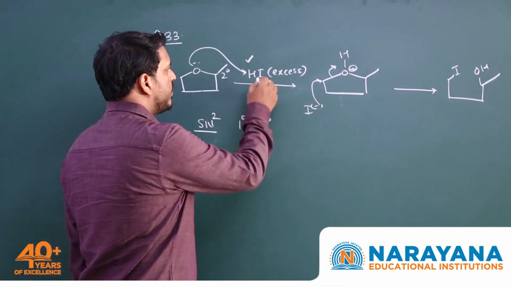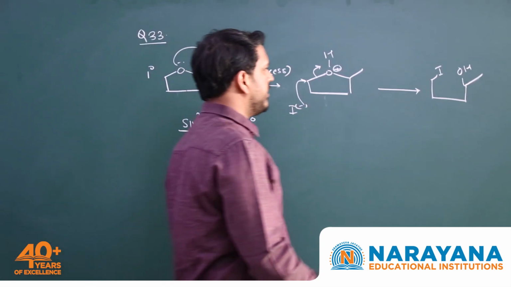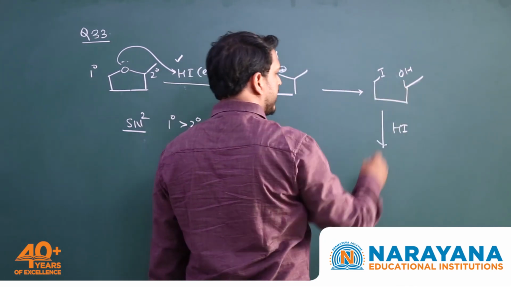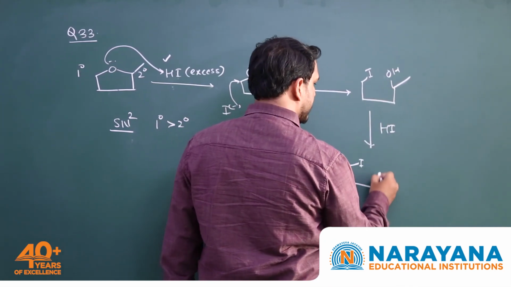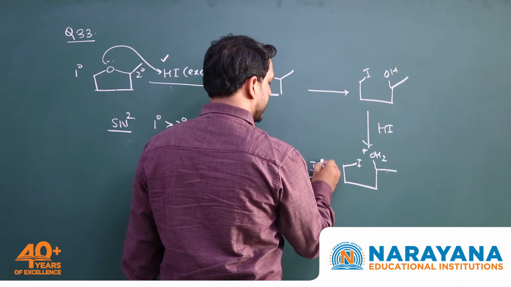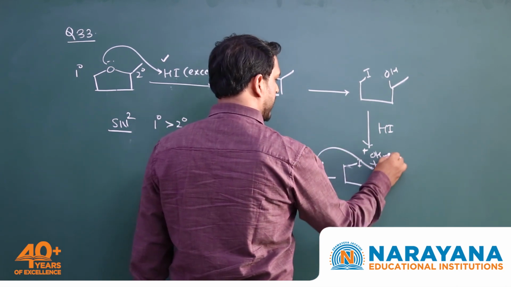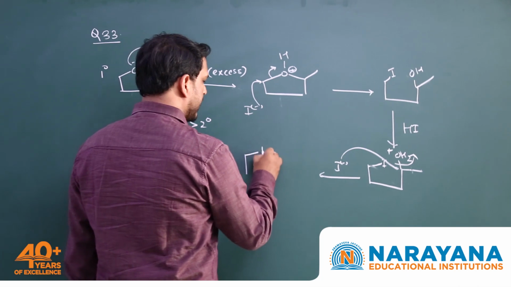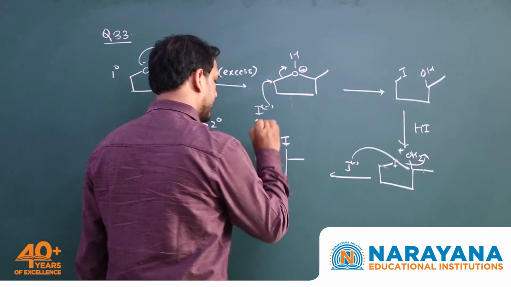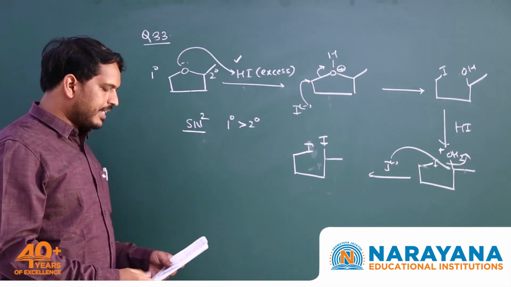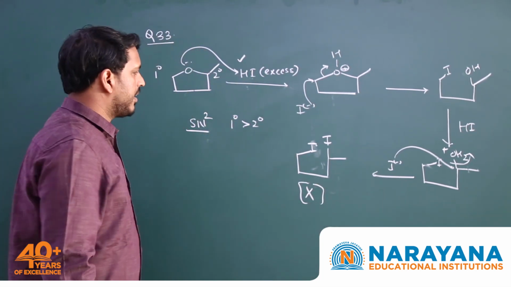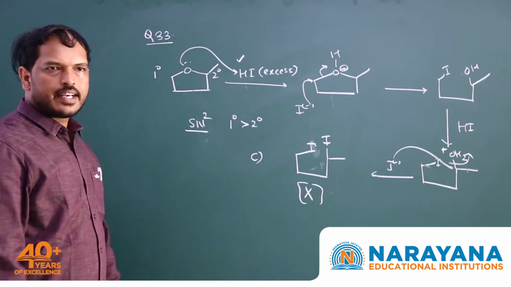If we use only 1 mole of HI, this is the product, but in this case excess is used. Again HI reacts and protonates this OH group, so we get this intermediate with OH2 plus, and I minus shows the SN2 reaction. This water is removed, so we get the diiodo derivative. This is the final product X in this reaction, which is given in option C. So C is the correct answer for this question.